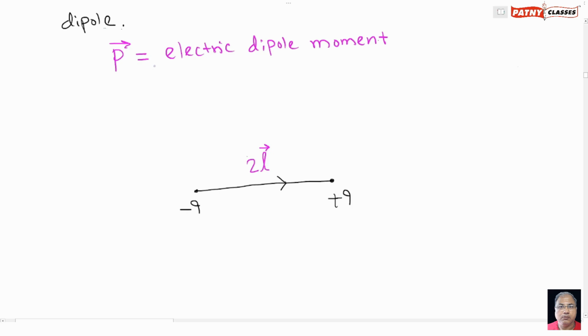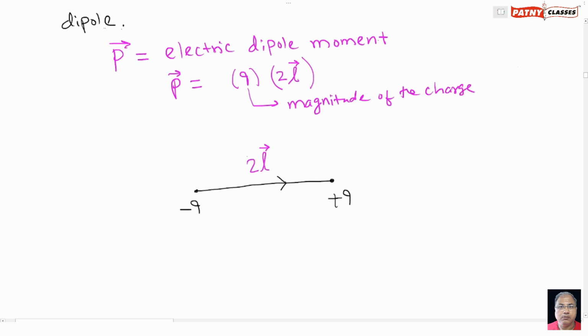and let vector P be the electric dipole moment. Electric dipole moment is given by the product of the magnitude of one of the charges and the vector 2L. So Q is the magnitude of one of the charges, since both charges are of equal magnitude.